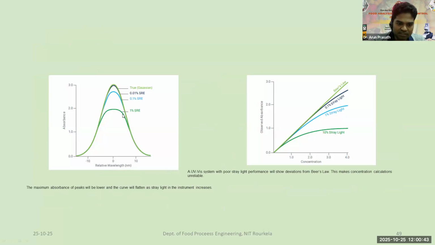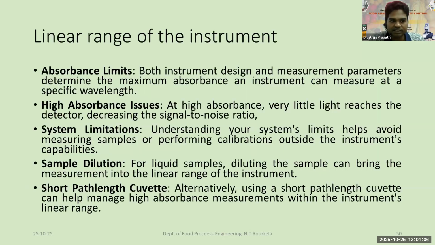You can see how the curve deforms with 1% stray light, and on the right-hand side a UV system with poor stray light performance shows deviations from Beer's law and makes concentration calculations unreliable. Whenever there is external light interaction, it always gives wrong calculations.